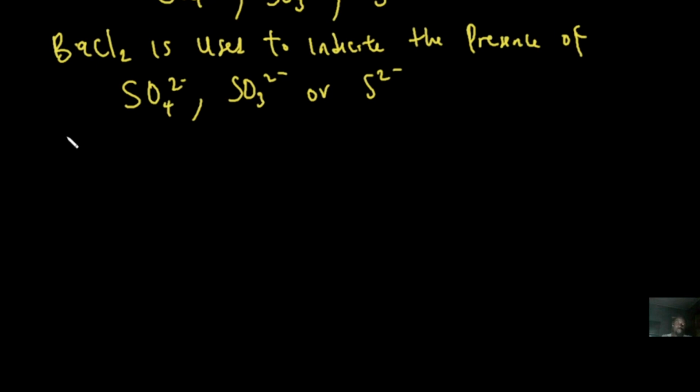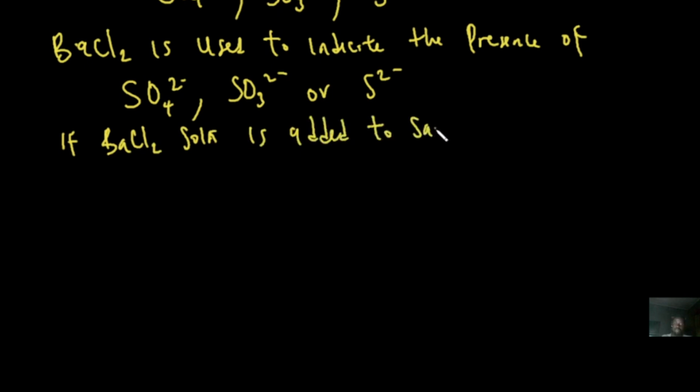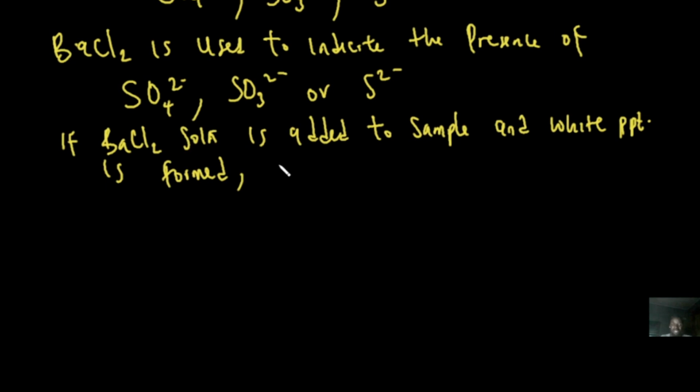So in the test procedure, if BaCl2 solution is added to sample and a white precipitate is formed, once you see BaCl2 added to a sample, start suspecting SO4 2-, SO3 2-, and S2-.